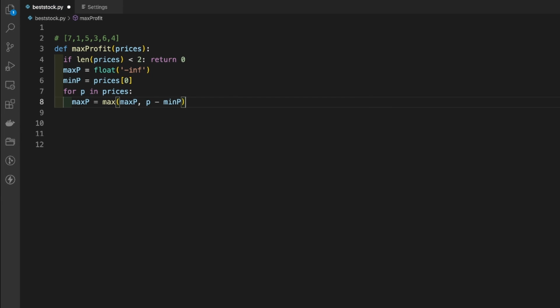So the min p we haven't created yet down here, but it's going to be our profit, and so right now it would be 7 minus 7, which is 0, because our p is at 7 and our min p is also equal to 7, so we'd have no profit right now because we haven't moved at all.